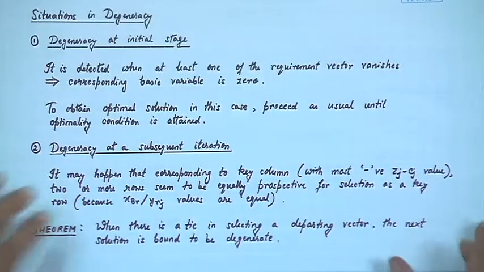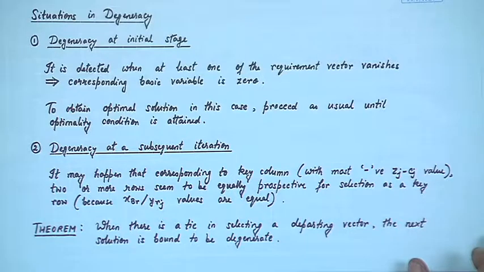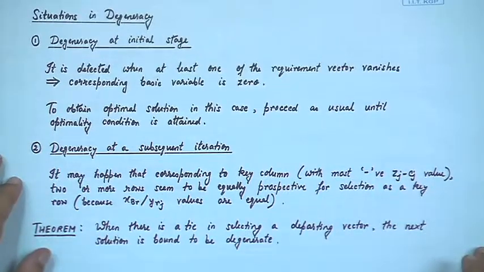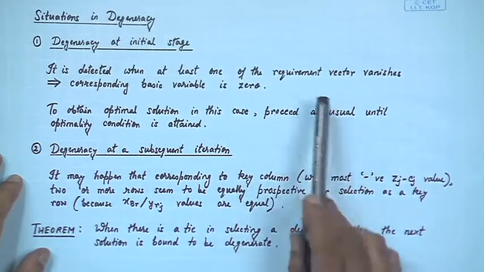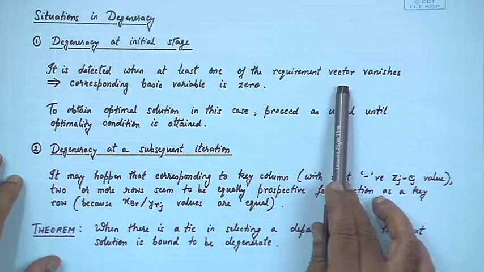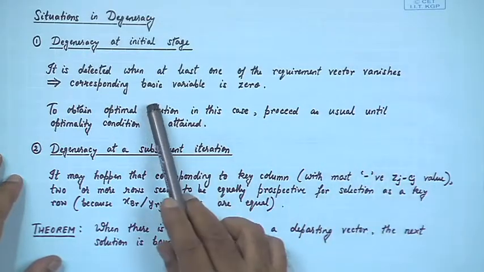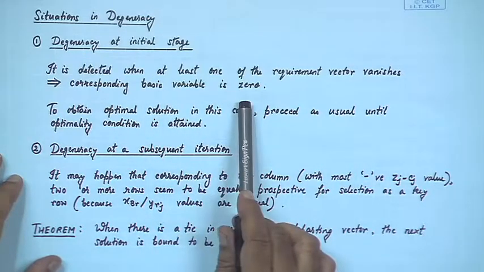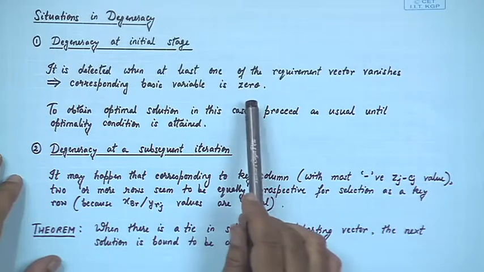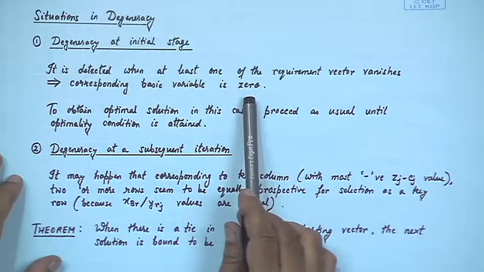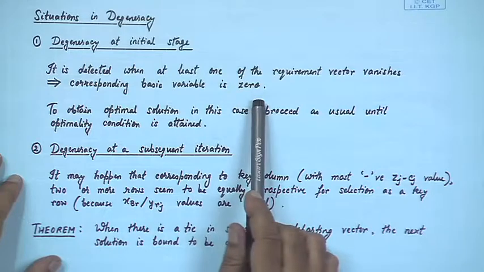Now, situations in degeneracy. Basically, two types of situations may occur in degeneracy. The first is degeneracy occurring at the initial stage itself. That is, it is detected when at least one of the requirement vector components vanishes, that is, the corresponding basic variable value is 0. So, initially, whenever I have formed the basis, I find that one of the basic variables is 0.